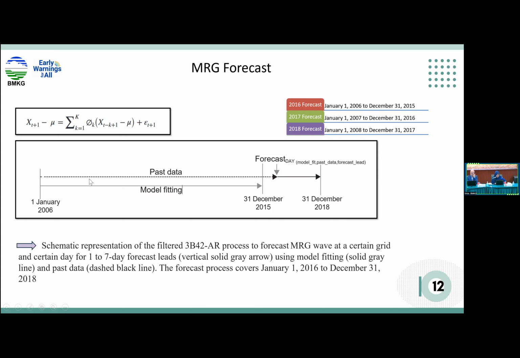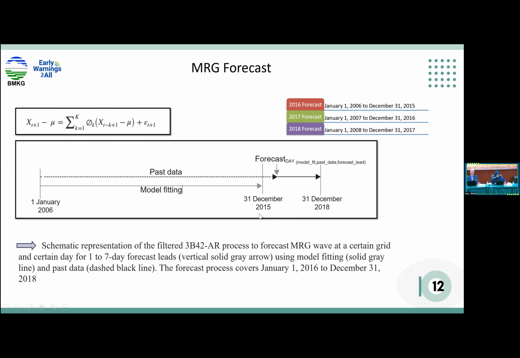And for past data, we also use data from January 2006 until December 2015, and it goes until December 2018. So we run the forecast within this period, from January 2015 until December 2018.